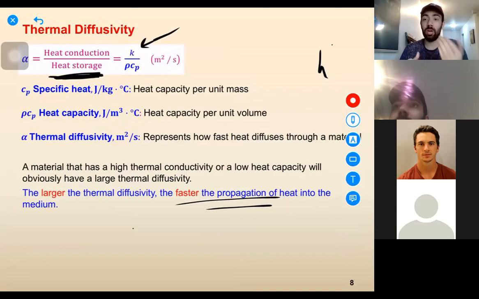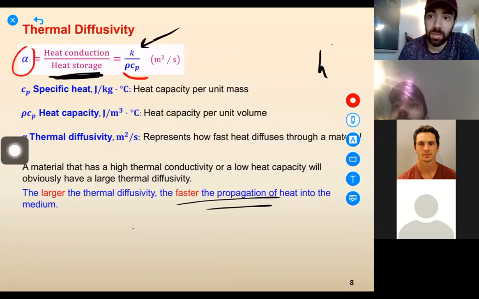If it is more conductive, or more eager to transfer the heat, then the heat conduction term is much higher. If it is more eager to keep the energy, then the term in the denominator, which is density times the specific heat, will stop the heat from transferring, and that would result in a lower amount of thermal diffusivity.